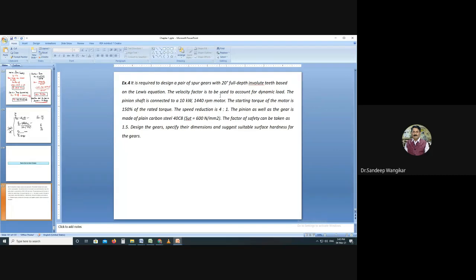So the velocity factor method is suggested to account for the dynamic load condition. And then the pinion shaft is connected to a 10 kilowatt 1440 RPM motor. The starting torque of the motor is 150% of the rated torque. The speed reduction is 4 to 1.